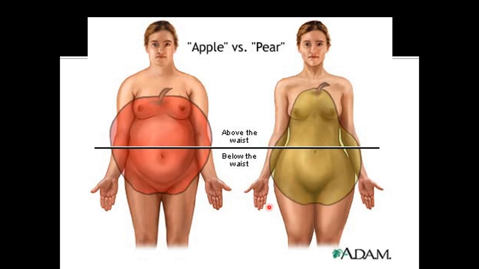Pear shape weight gain, though, around the hips and upper legs, this type of fat distribution is more commonly associated with hormonal alterations. So, like in gals, this could be evidence of estrogen dominance, where there's not enough progesterone to balance out the effects of estrogen, or maybe there's just too much estrogen, something like that.